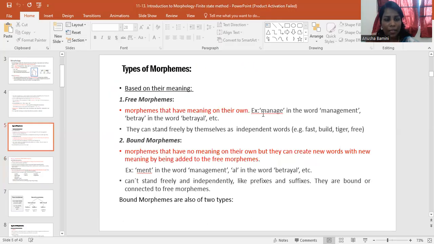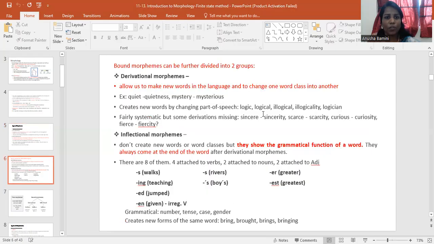Based upon meaning, we can divide morphemes into two: free morphemes and bound morphemes. Free morpheme means a word that has a specific meaning without adding any letters or words. Bound morpheme means we add some letters to create a meaning. Such morphemes can be divided into derivational or inflectional morphemes.